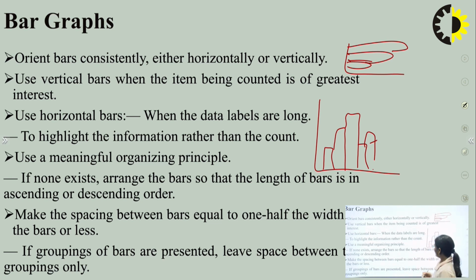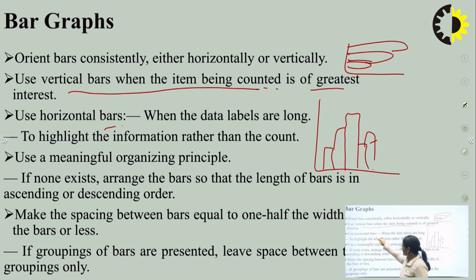Vertical bars are used when the item being counted is of great interest, and horizontal bars are used when data labels are long. So if the data labeling is long, for that purpose we use the horizontal bar, and if we want to emphasize the item, then we can use the vertical bars.